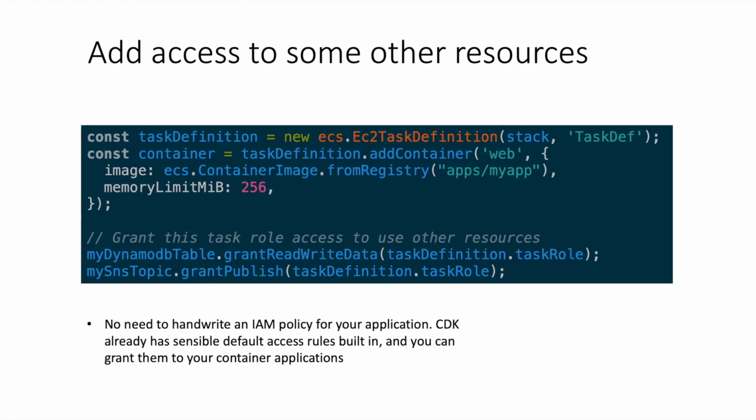And once again, this task role is automatically created. It's automatically managed by CDK. So this grantReadWriteData statement automatically creates the IAM policy rules that authorize my service to talk to DynamoDB. And the same thing goes for that SNS topic as well. I can say grantPublish to automatically give my ECS service permission to publish to the topic.